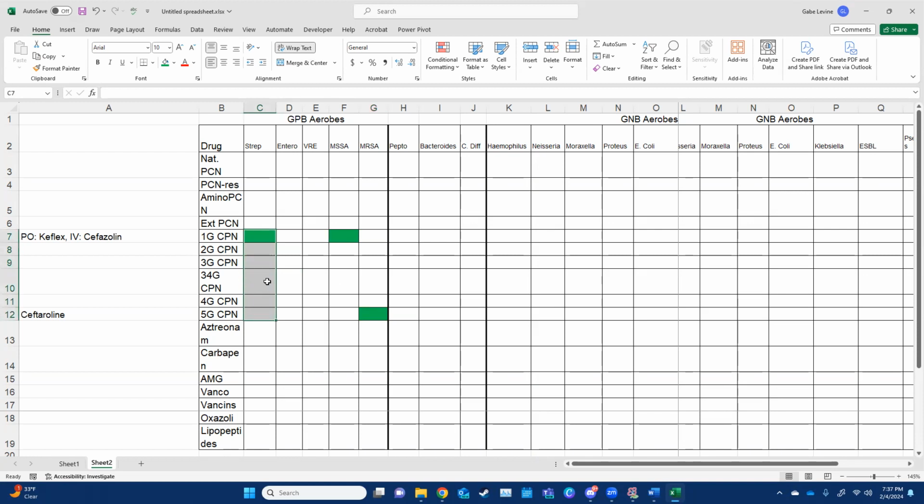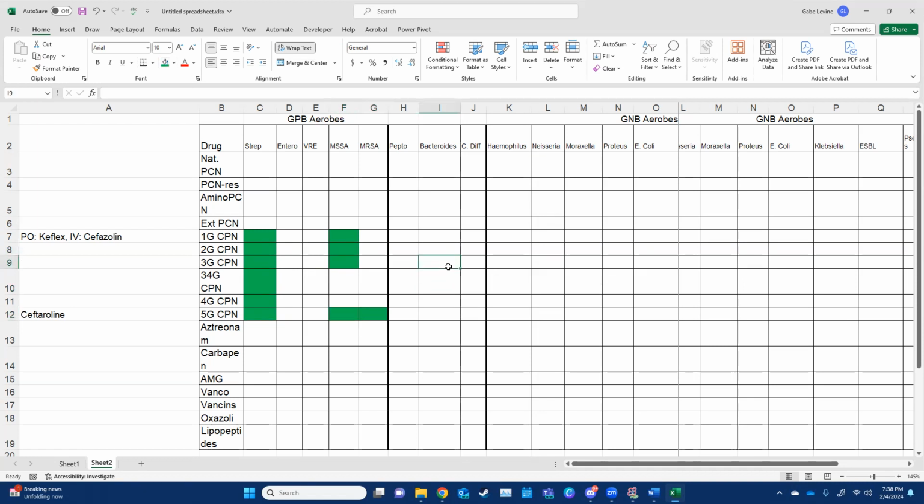For cephalosporins in general, do they all cover streptococcus, or do only some of them? The chart has 6. Yes, all of them cover streptococcus. Where we lose activity is once we start with the 3rd, 4th gen. At the 3rd, 4th gen is where we start to lose staph activity.